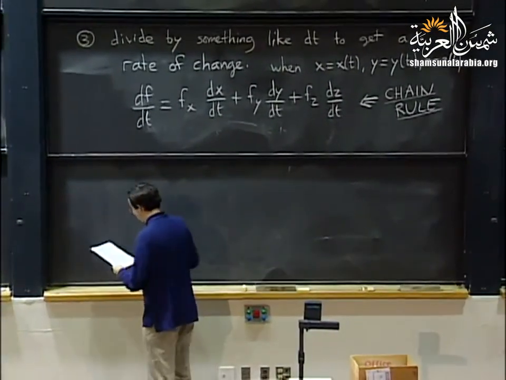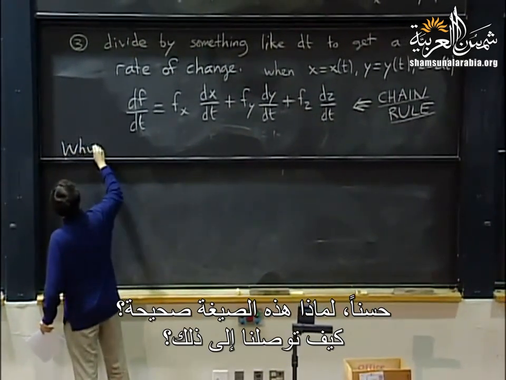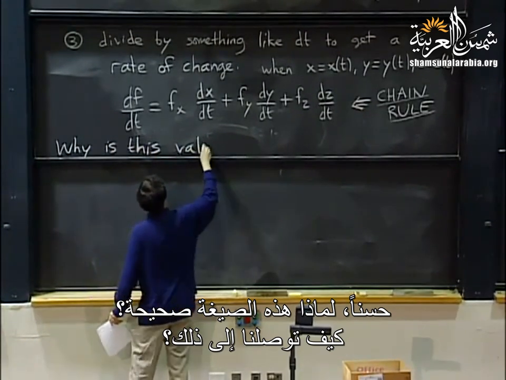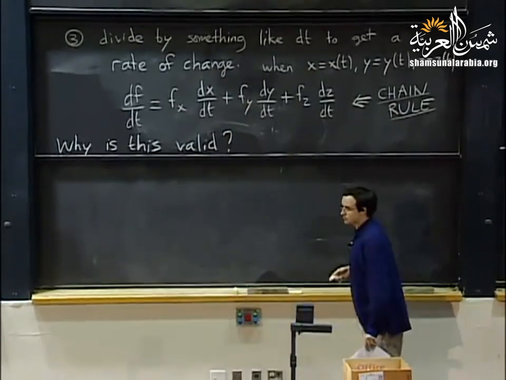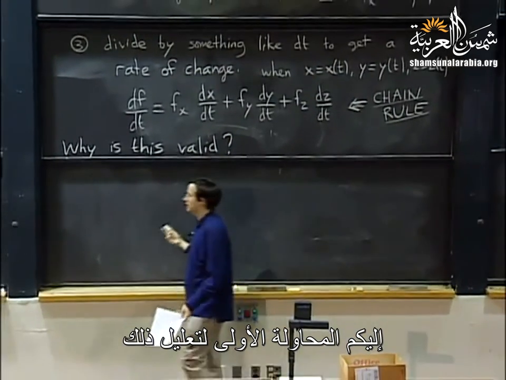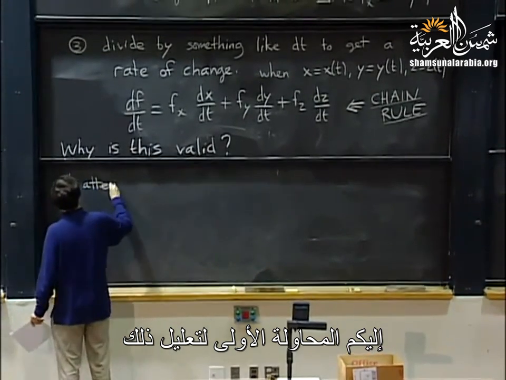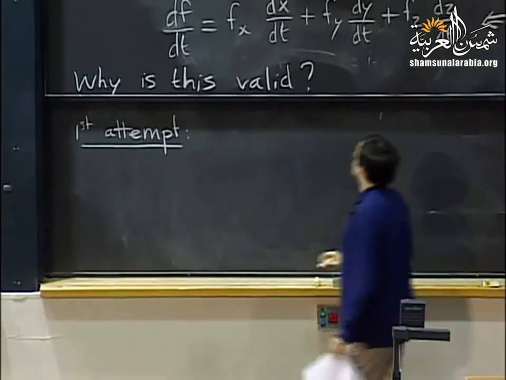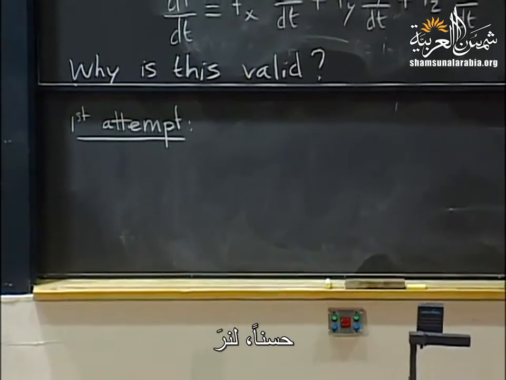So, okay, so why is this valid? How can I get to this? So here's a first attempt at justifying how to get there. Okay, so let's see.